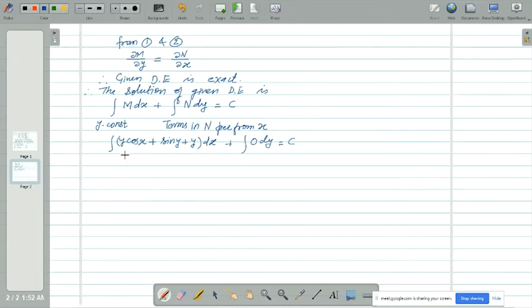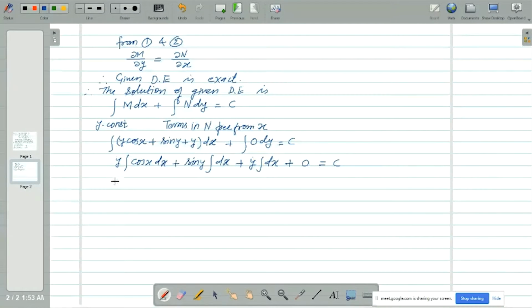So now we are integrating with respect to x. So y is constant, we will take y as constant. So cos x dx and plus sine y constant, we're taking outside, so write down dx, and plus y is also constant, I'm taking y outside, so here dx and plus this thing will be 0 and equal to c, where c is the integrating constant.